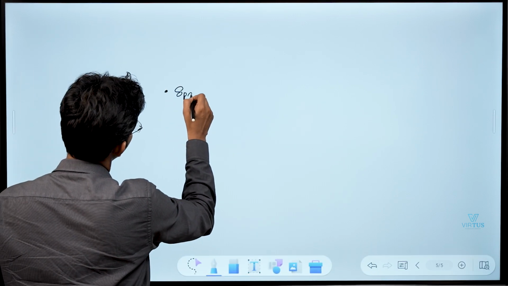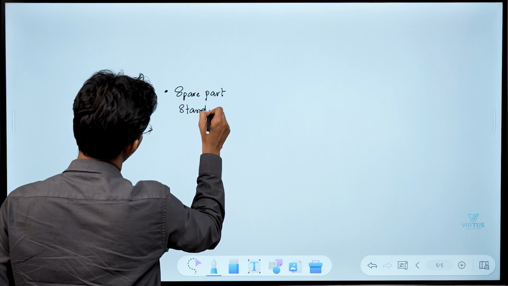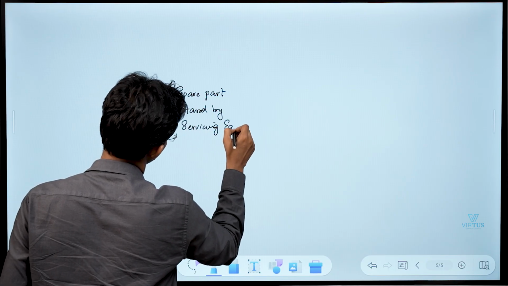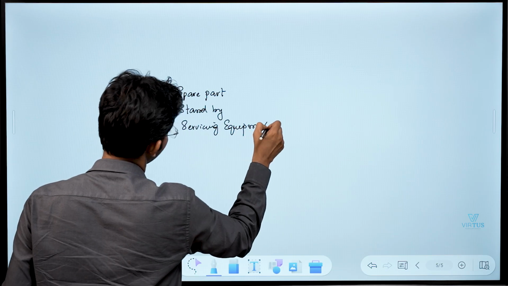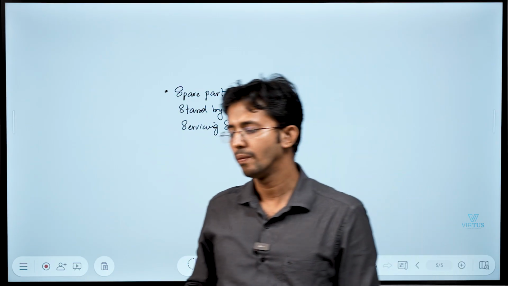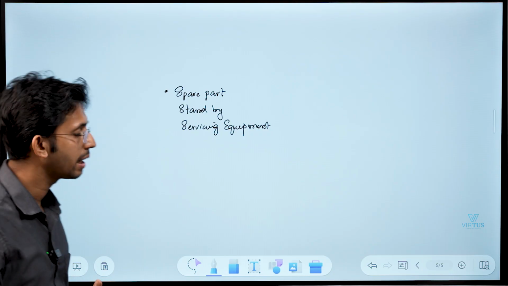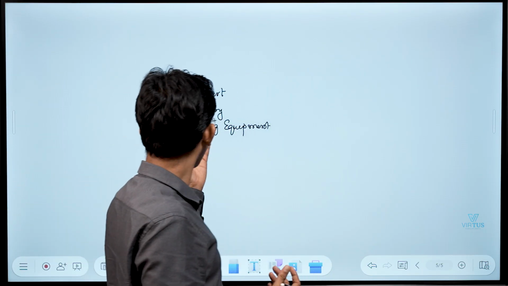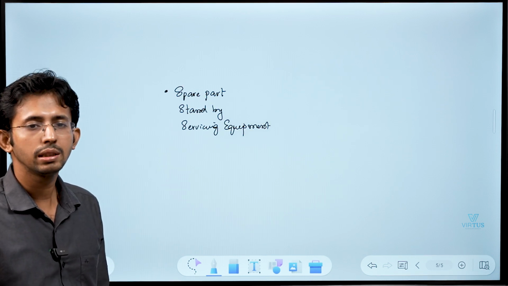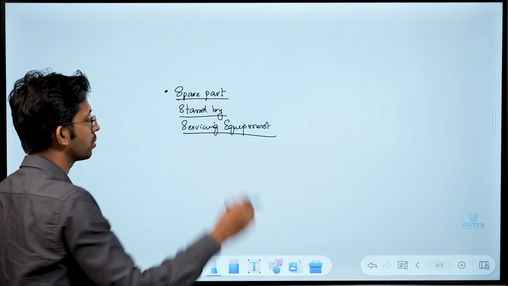Sometimes whenever you purchase a machinery, that machinery will come with some spare parts or some standby products like motors and all, or any servicing equipments, the equipments which have to be specially used for servicing. Now the question is, can you capitalize this standby, spare part or servicing equipment?